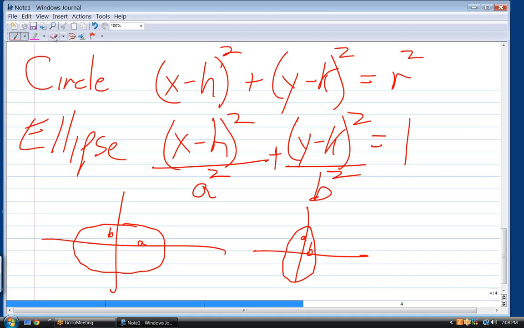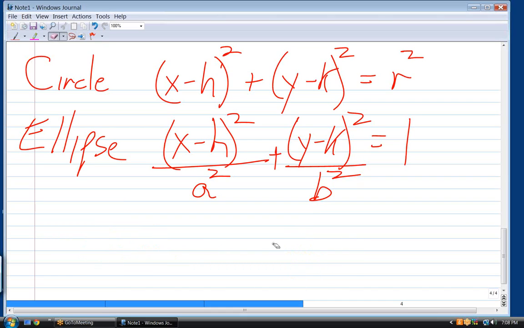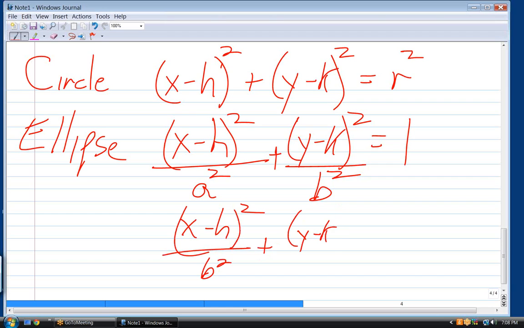So let's write both general formulas. The other one is x minus h squared over b squared plus y minus k squared over a squared. And there is a c, being the distance to the focus.